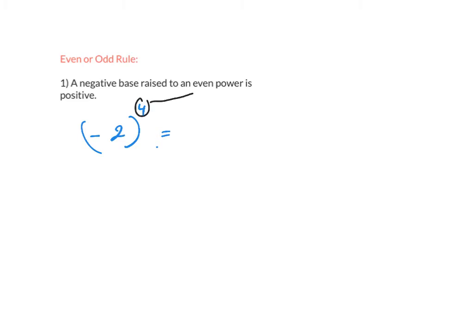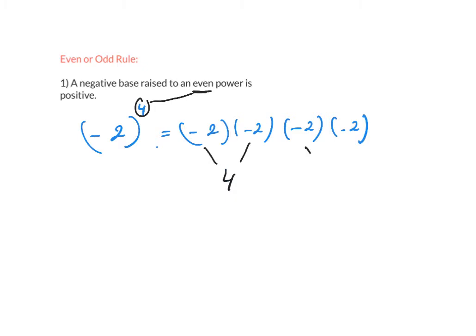Negative 2 to the 4th power is negative 2 times negative 2 times negative 2 times negative 2. Negative times negative is positive 4, and negative times negative is positive 4, and the answer is 16.